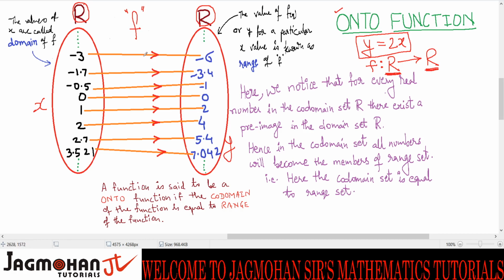Now, why is this happening? You have to understand the domain of this function y equals 2x, where f(x) is 2x. The domain is the set of real numbers because you are able to get the double of every real number. All those numbers which you can put in place of x are the domain numbers.